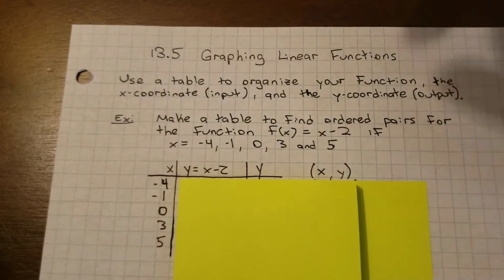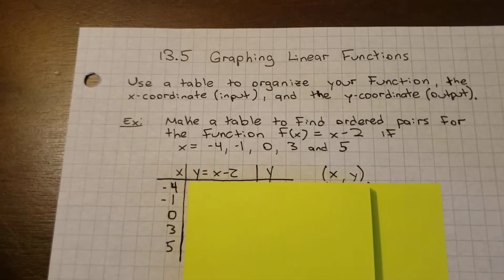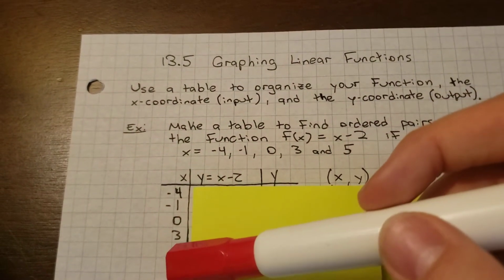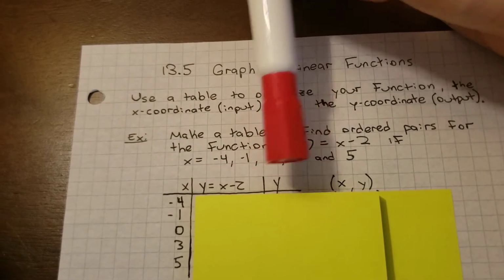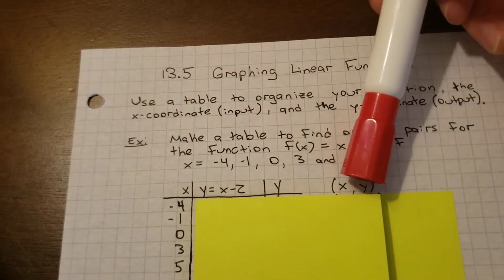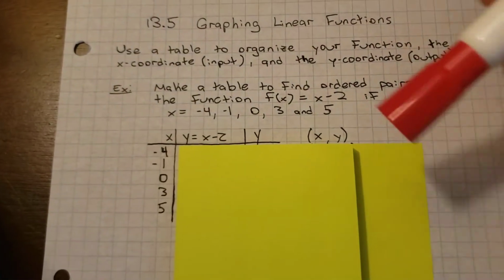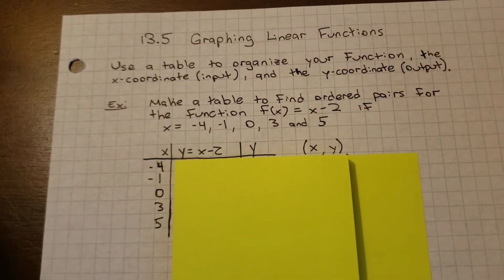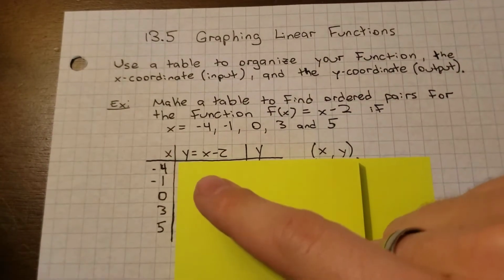I've taken all of these values and put them here. These are my x values. I've got my x, my function, my y column, and then over here I'm going to compile all of the ordered pairs. These ordered pairs are what we're going to use in our graph, which I'll show you in just a minute.